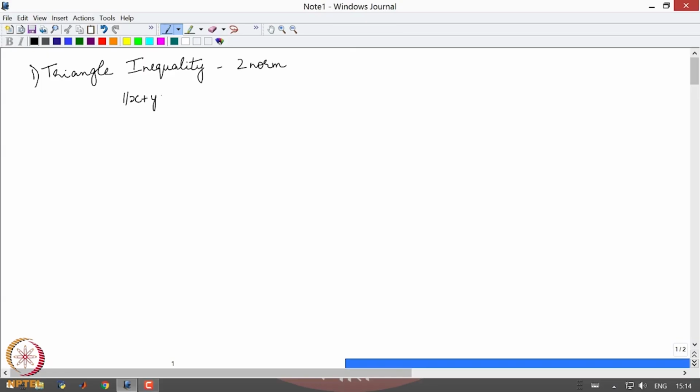So, I will say the triangle inequality is norm of x plus y is less than or equals to norm of x plus norm of y. So, this is the triangle inequality and we will look at the proof.